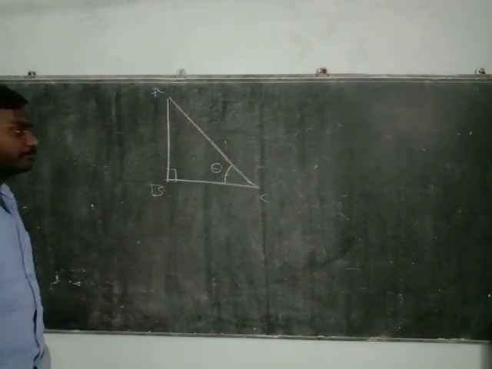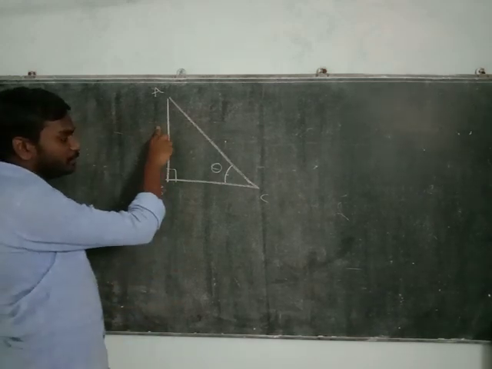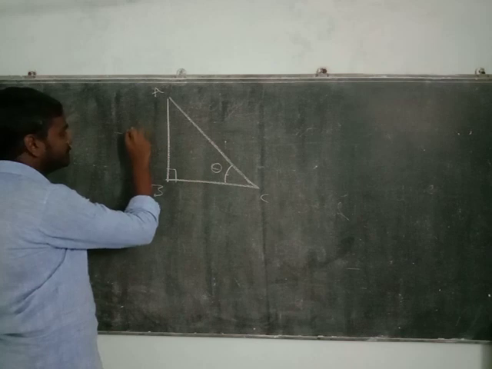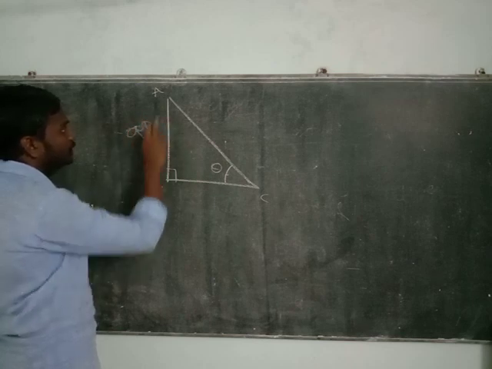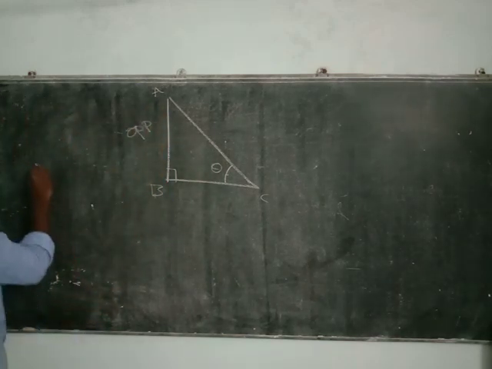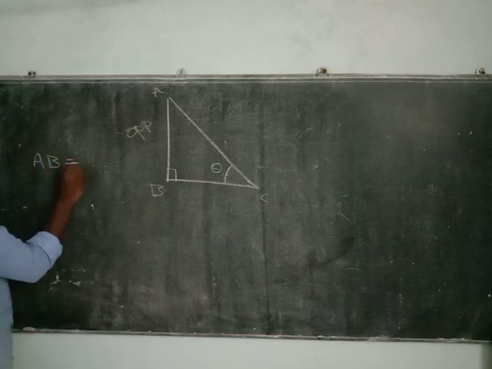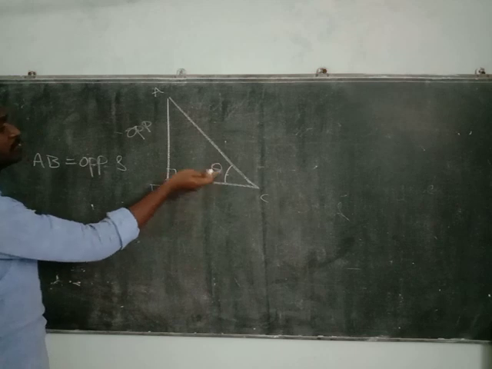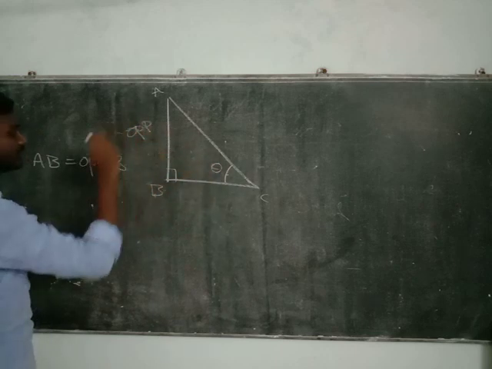Right angle at B. The side which is opposite to theta is said to be the opposite side. That means AB is the opposite side, as theta is opposite to this side.